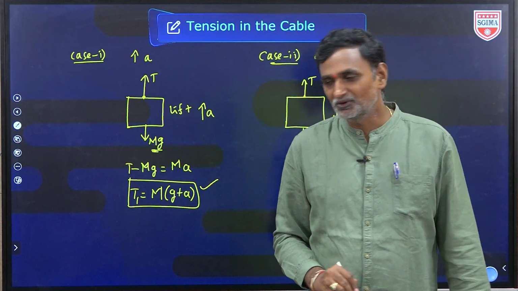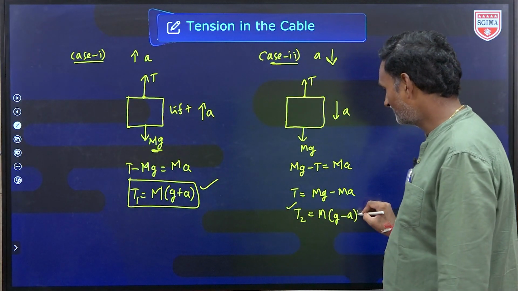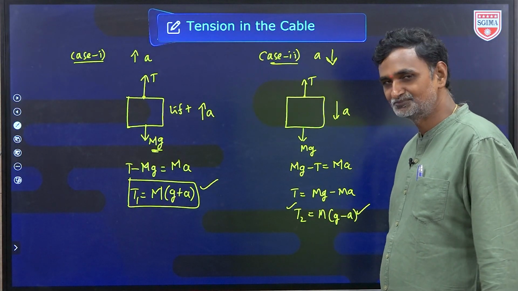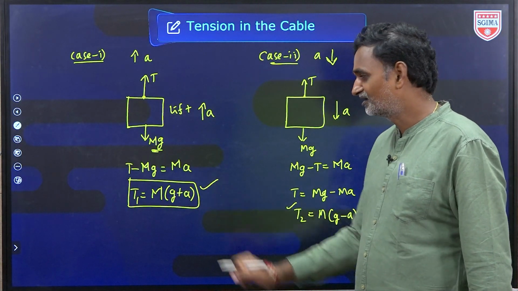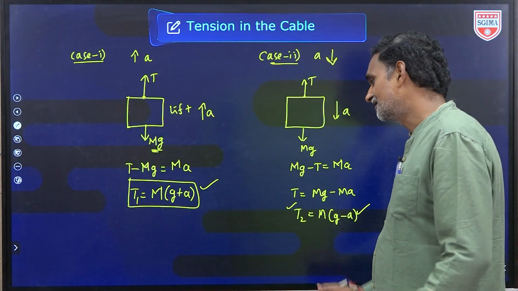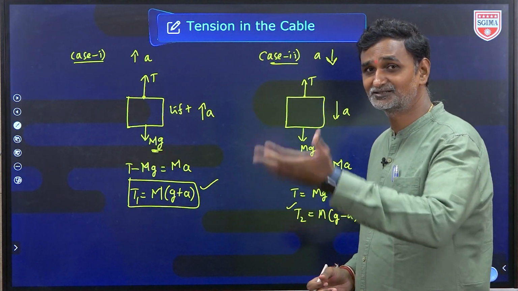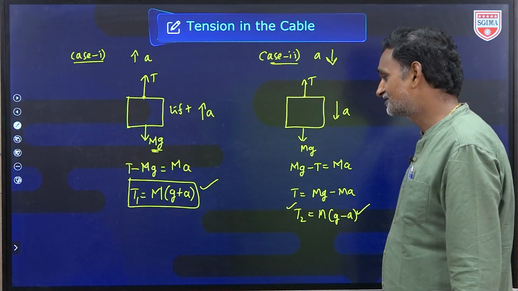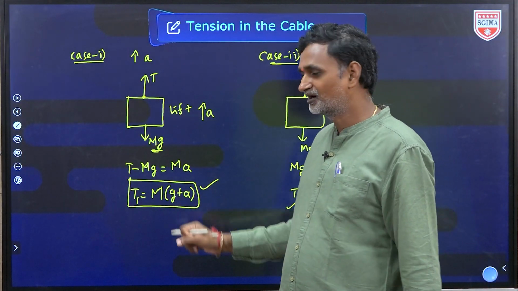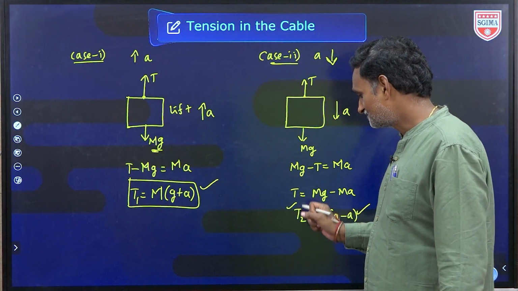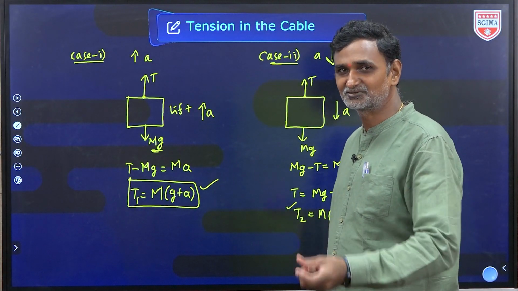If you compare both T1 and T2, T2 will be a lower value for the same acceleration and the same mass. So T1 will be greater; the values of T1 and T2 depend on the direction of motion of the lift. So while going upward it carries only 5 members maximum, suppose, then while coming down, one extra person can also come.